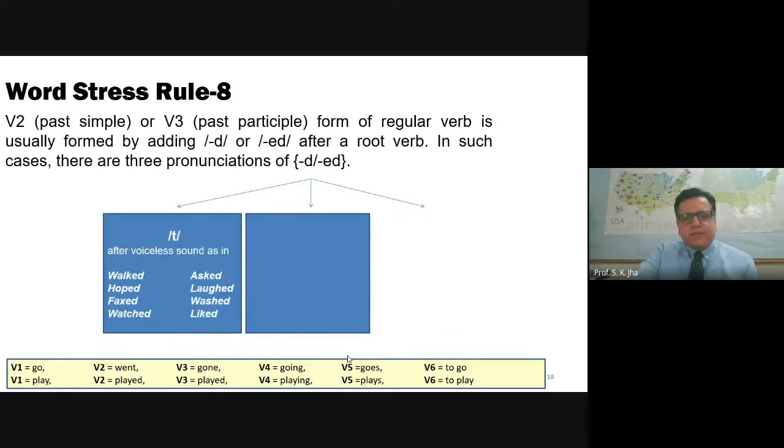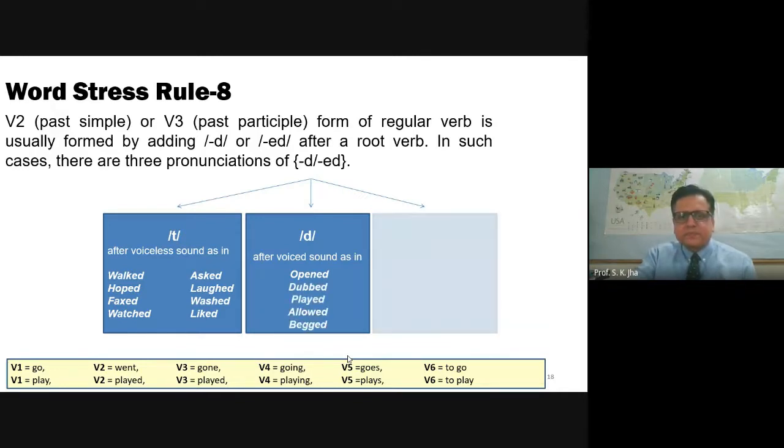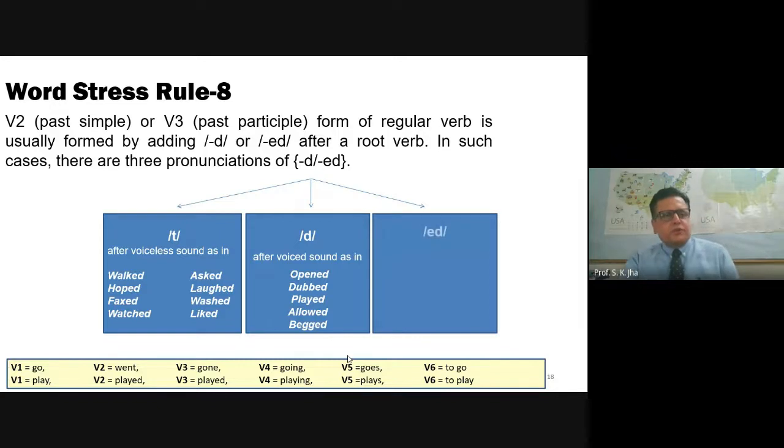The way we saw S or ES becomes S, Z, ɪz, similarly, when you use D or ED, then D or ED is pronounced in three different forms. One is T, one is D, and one is ɪd. So first you read the rule.